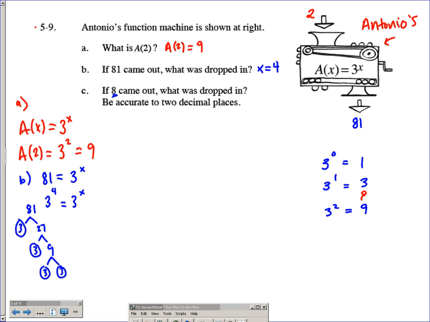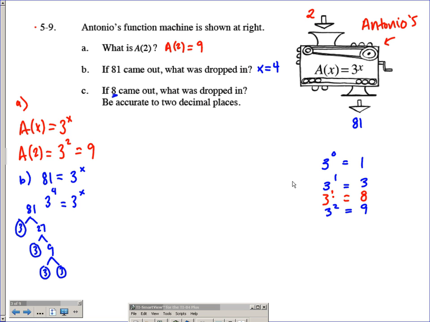So I know I'm going to be raising 3 to a power that ends up being between 1 and 2. Which one would it be closer to? Do you think it's closer to 3 squared or 3 to the 1st? Well, 8's closer to 9, so chances are it's going to be closer to 3 to the 2nd power.